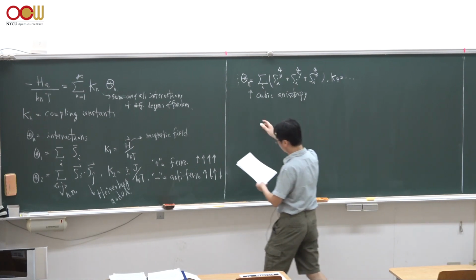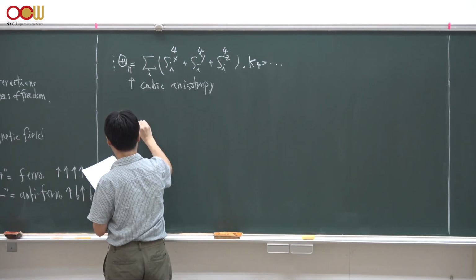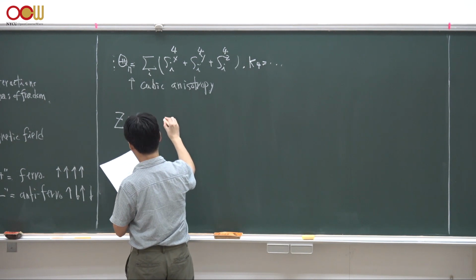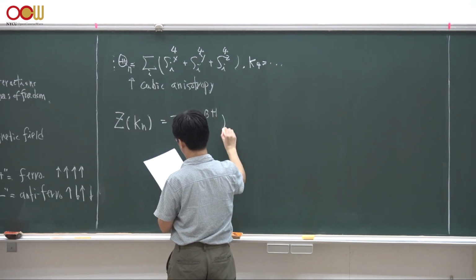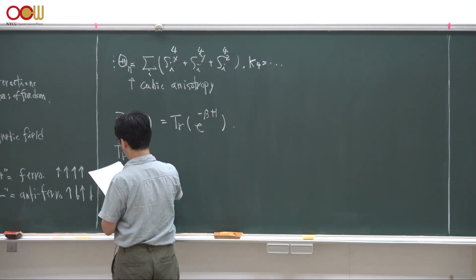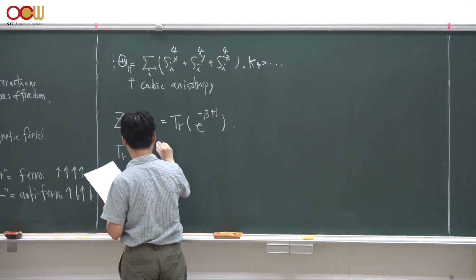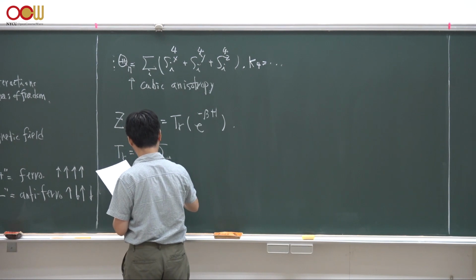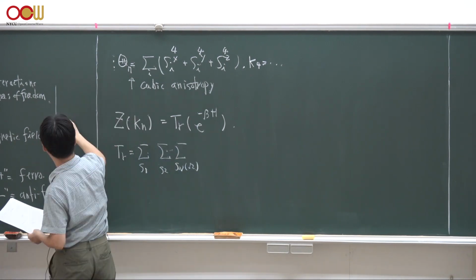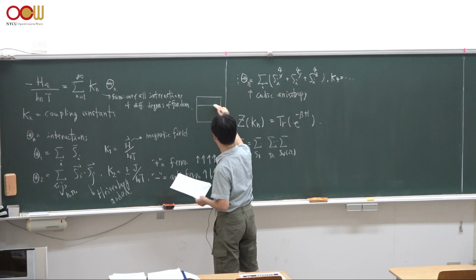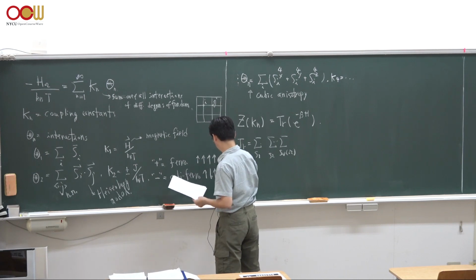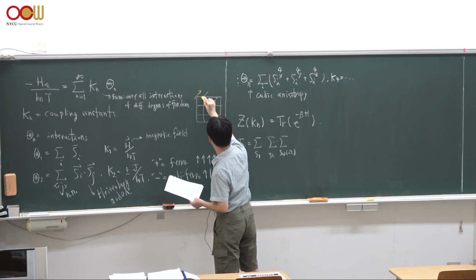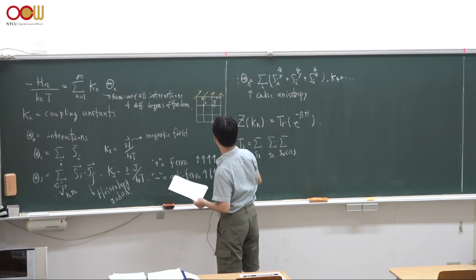So then the partition function Z for such K_n coupling constants is given by the trace of e to the minus beta H, where the trace is defined as the sum over all the spin configurations, and you sum over all the spins of the whole lattice, and so on.